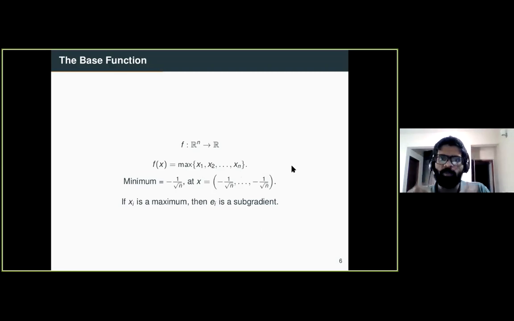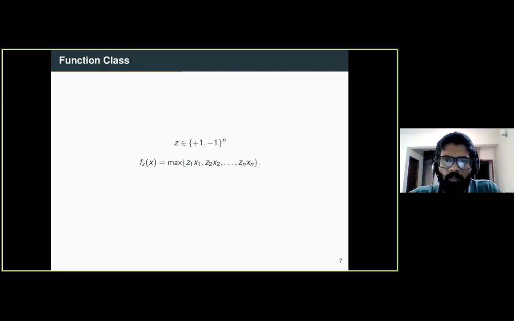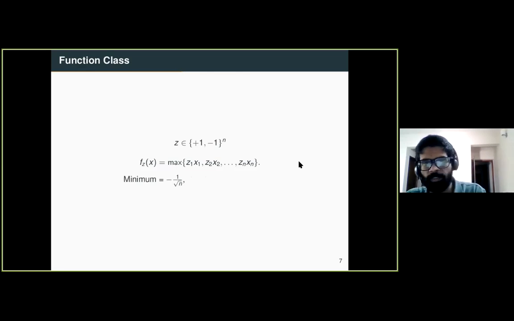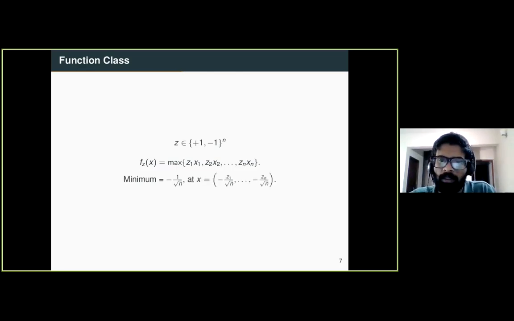And we're going to use this base function, and we're going to encode some information into it. And what information we're encoding is this n-length string of +1s and -1s. And we encode it in the sense that the function depends on the string z, and it'll give you the maximum of z1x1, z2x2, and so on till zn xn. The minimum value this function takes, again, since it's so similar to the base function, is -1 by root n. And at this point, it takes that value.